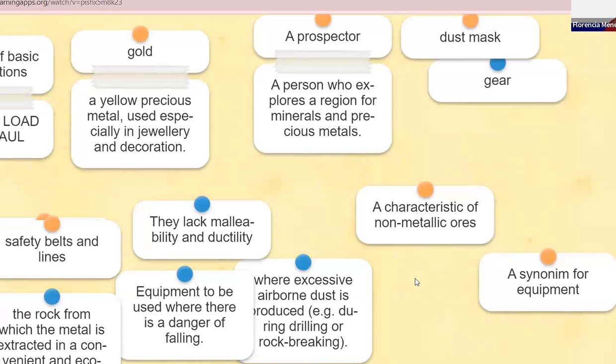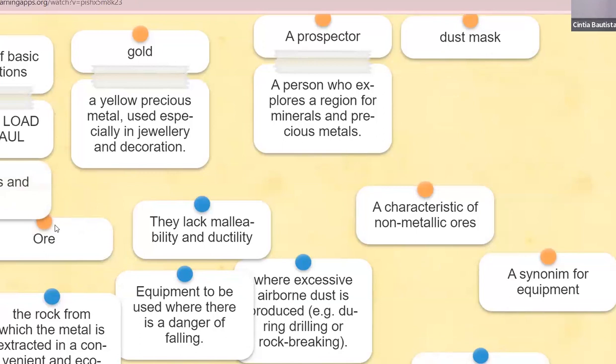Okay, let's see. Cynthia, what about dust mask? Equipment to be used where there is a danger of falling.